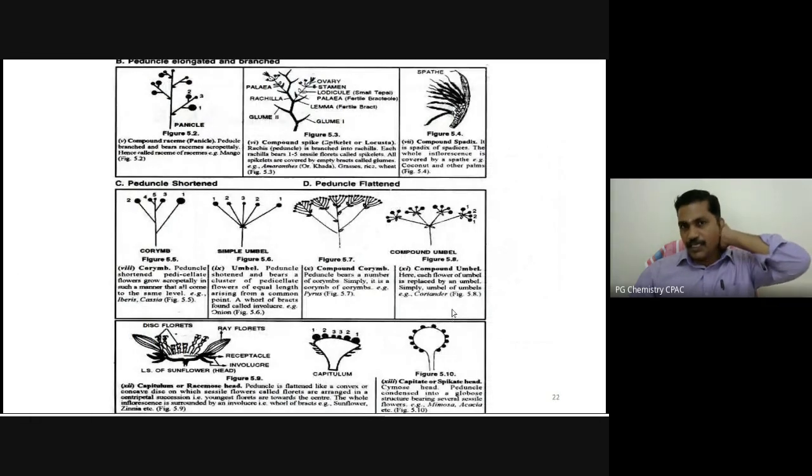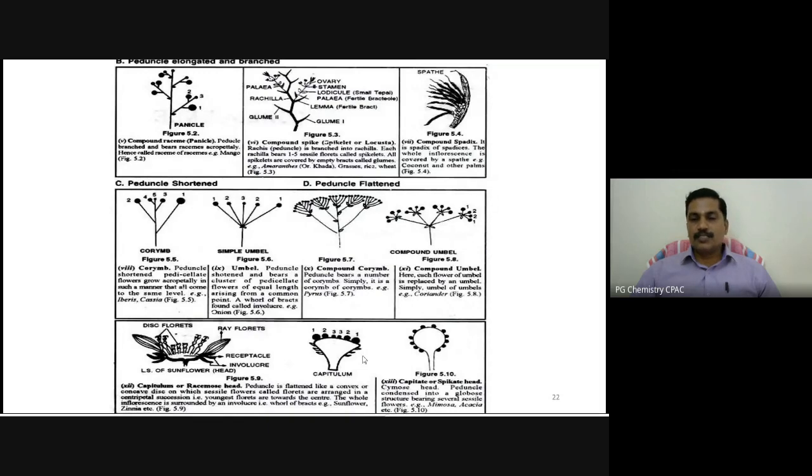So this is again a different type of inflorescence. Panicle. Under the panicle, there is the shortened panicle: corymb, umbel, compound corymb, compound umbel, and capitulum, head, capitate.